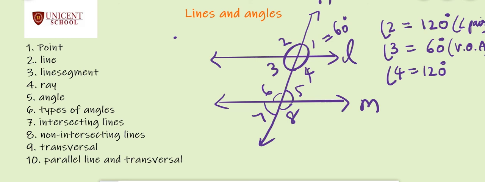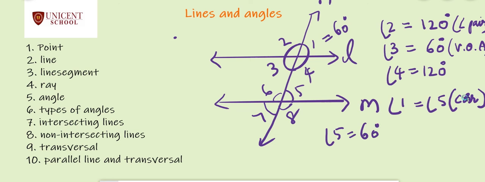Now how to find the rest of the 4 angles? I know that angle 1 is equal to angle 5. What type of angles are these? These are corresponding angles, and corresponding angles are always equal. So angle 5 is equal to 60 degrees. Now if angle 5 is 60, angle 7 is also 60 because it's a vertically opposite angle.